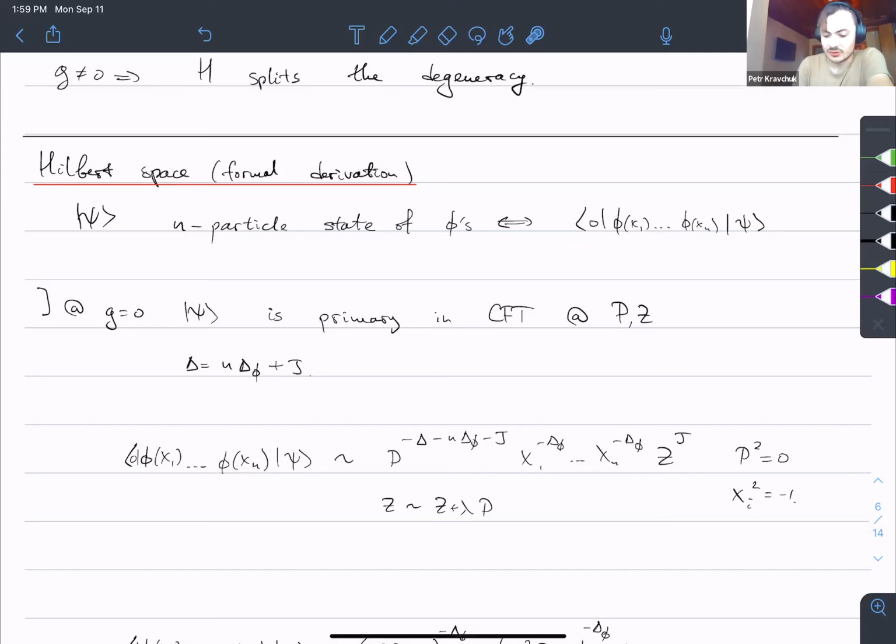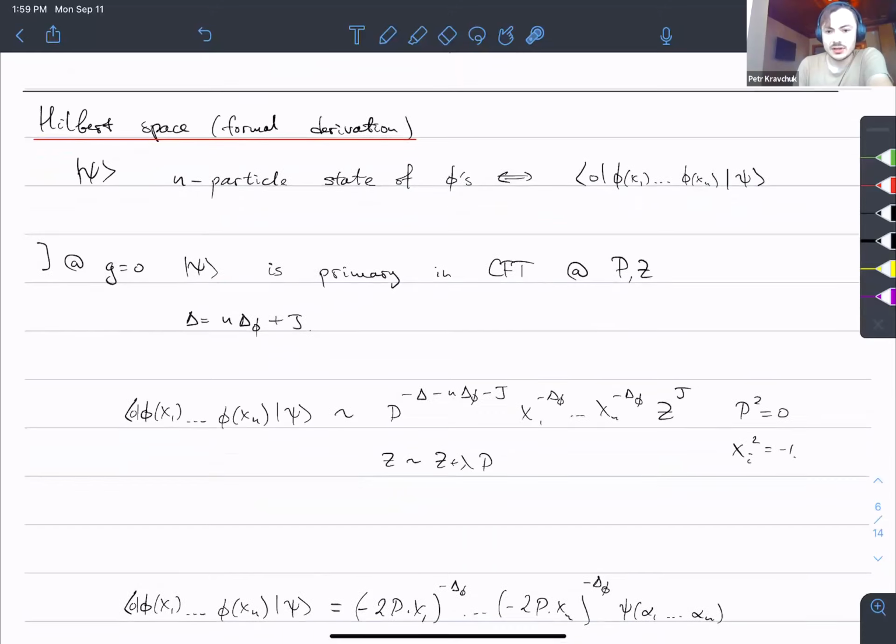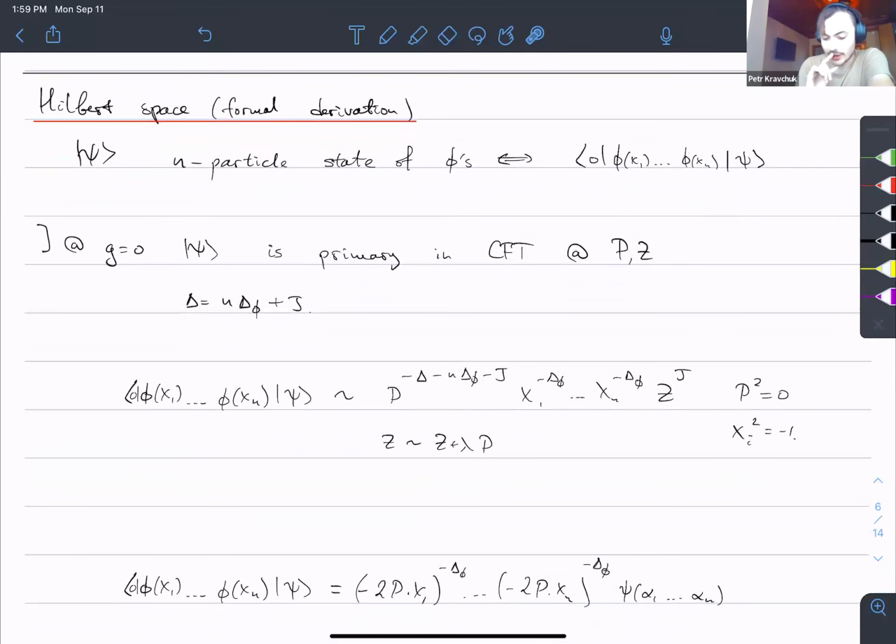And so this function I can use to characterize the states. So if I also require that psi is a primary state from the point of view of conformal symmetry, parameterized by some embedding space coordinates.